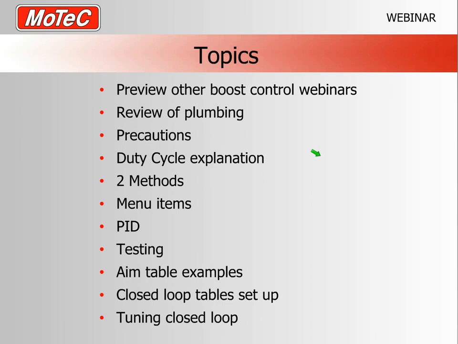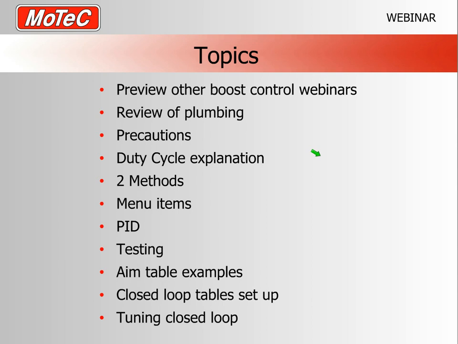Couple of methods. There's the open loop and closed loop. We'll talk briefly about that. Go through the menu items of the boost control system. There's lots of them, and while we're doing that, this time around we'll talk about the PID parameters, and I'll give you a brief explanation on what each of these means.